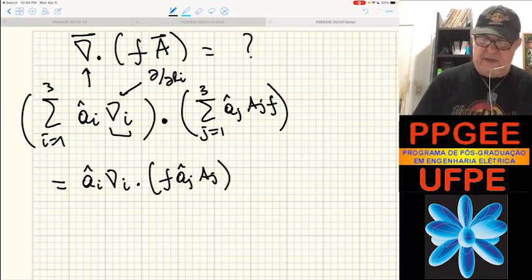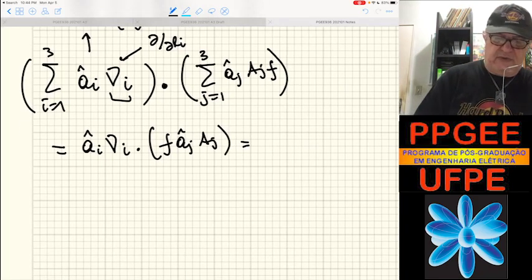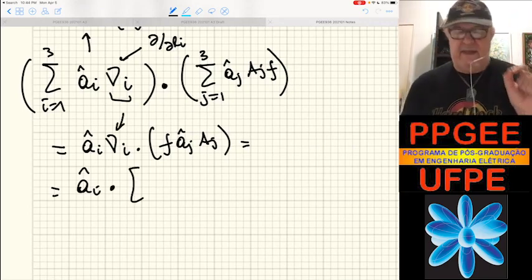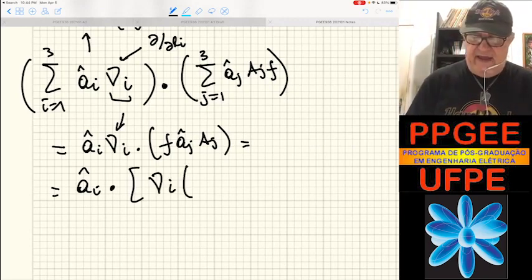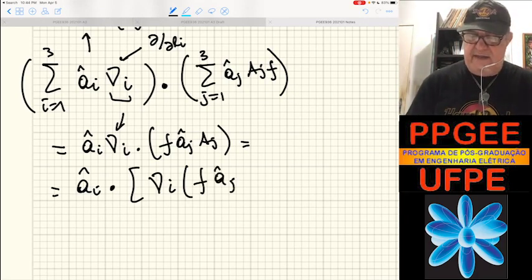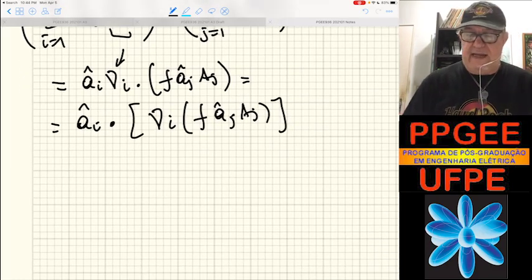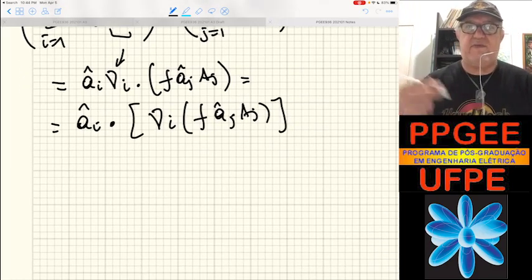Well, now I can do this. This equals A i dot, so this is a simple derivative operation, right? Nabla i of f A j, right?